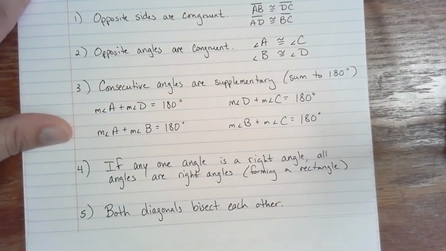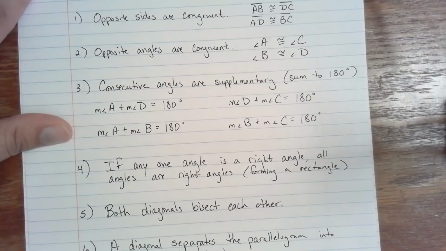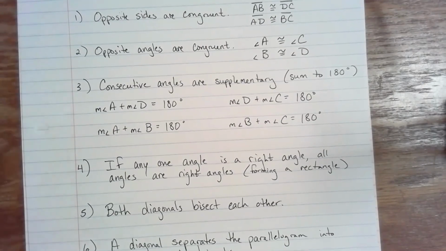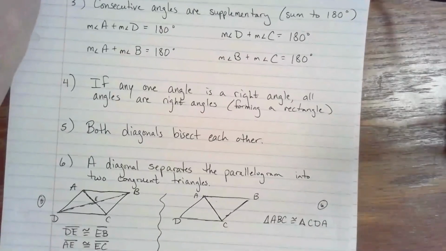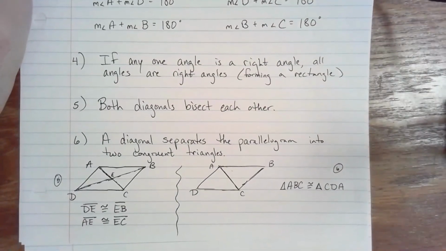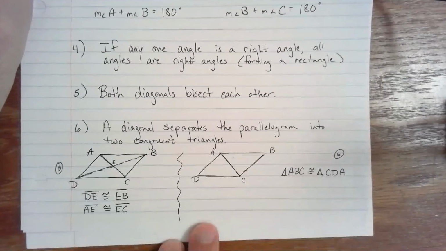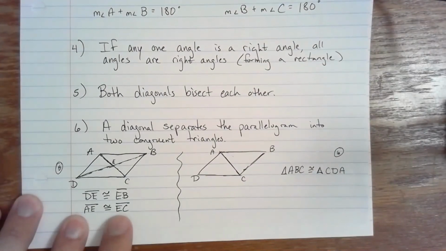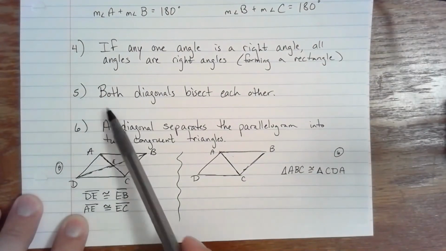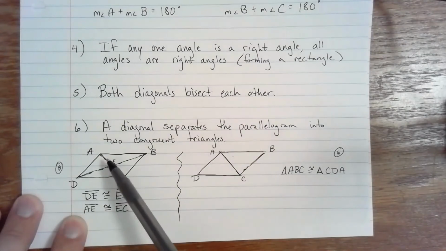So 5 and 6 both deal with diagonals. So I'll just go ahead and pull this out of the way completely. We have the statement here that diagonals bisect each other. So here, my diagram for my fifth option, that both diagonals bisect each other, is that these smaller pieces would have to be congruent.